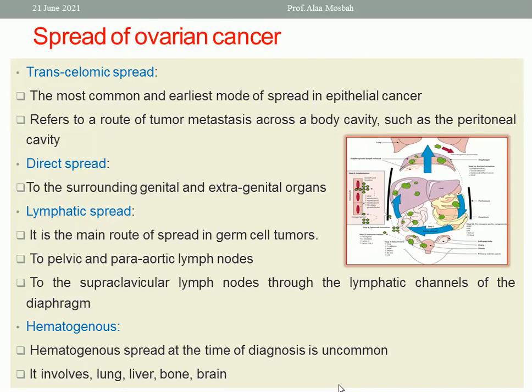Lymphatic spread is the main route of spread in germ cell tumor. Lymphatic spread reaches the para-aortic lymph nodes and pelvic lymph nodes, and can reach supraclavicular lymph nodes in advanced cases. Hematogenous spread at the time of diagnosis is uncommon, and if it happens, it involves lung, liver, brain, and bone.